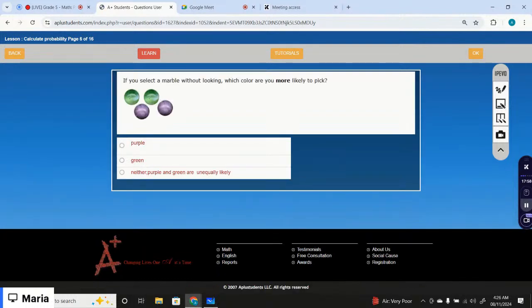If you select a marble without looking, which color are you more likely to pick? So, which is the correct option?